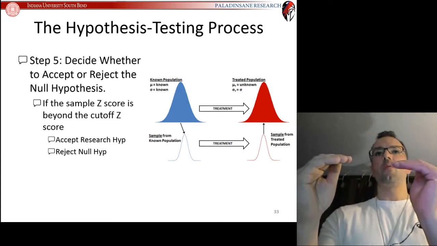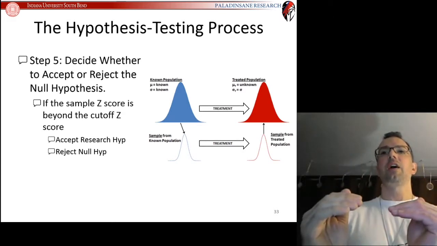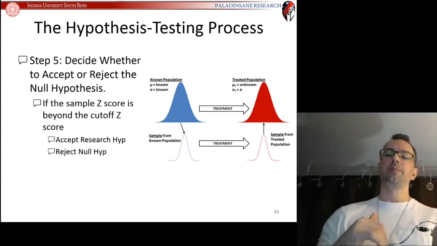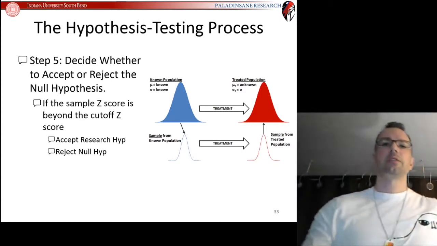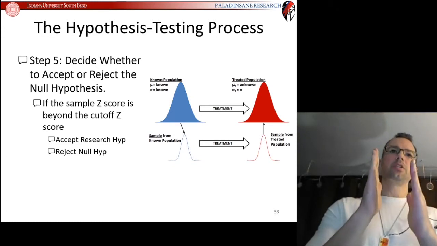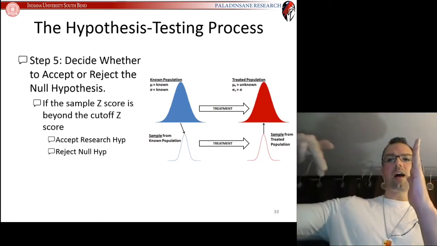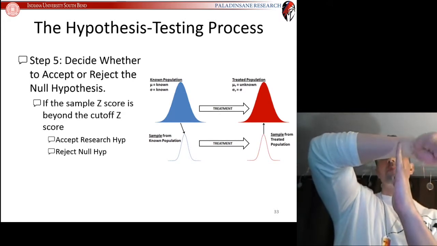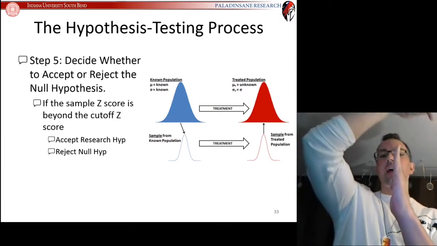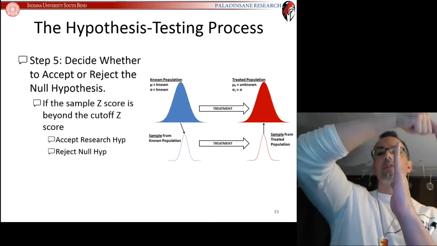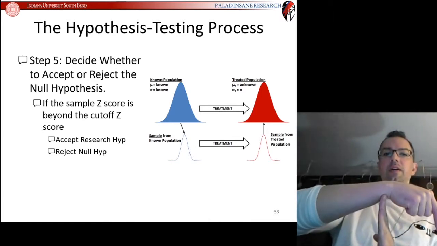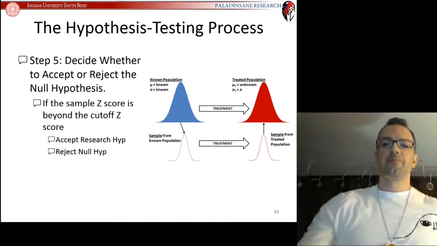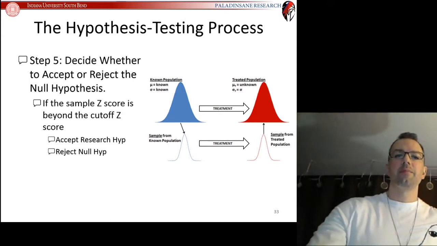And you'll notice that every conclusion is accepting one hypothesis and rejecting the other, because they're complete opposites. If you accept the research hypothesis, you have to reject the null hypothesis. So if that sample z-score walks across that line and ends up here on your comparison distribution, you're going to say, I accept the research hypothesis. My treatment is effective. And I reject the null hypothesis. I reject the idea that my treatment does nothing.